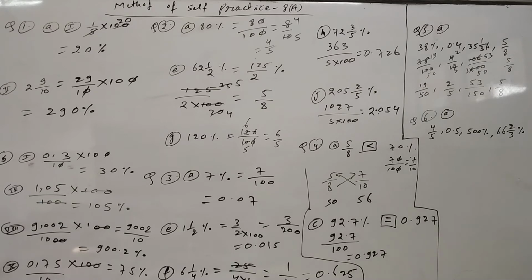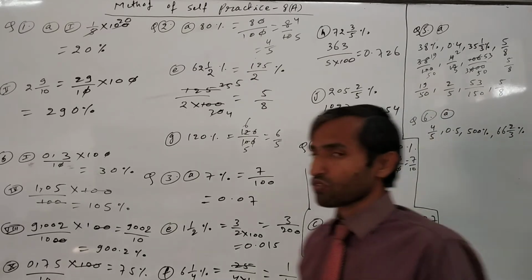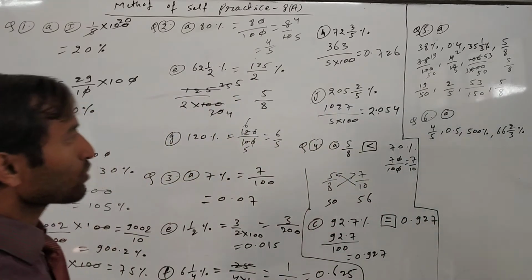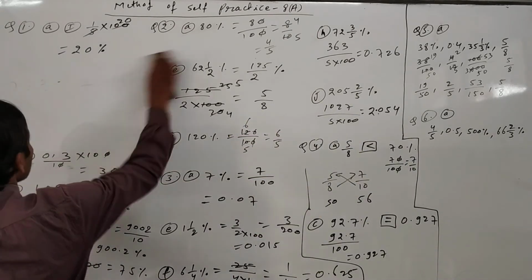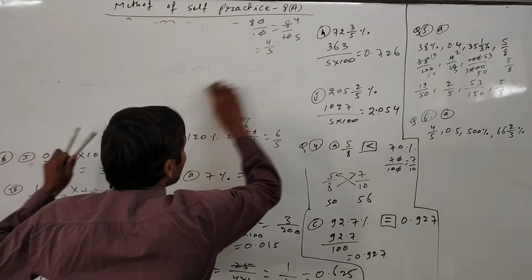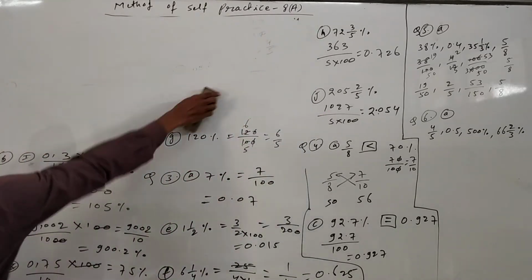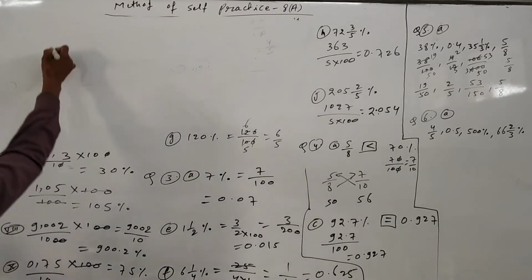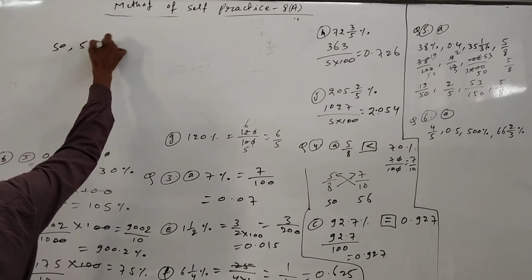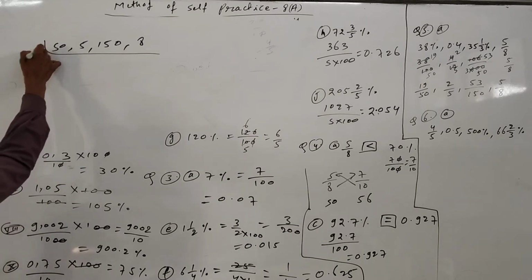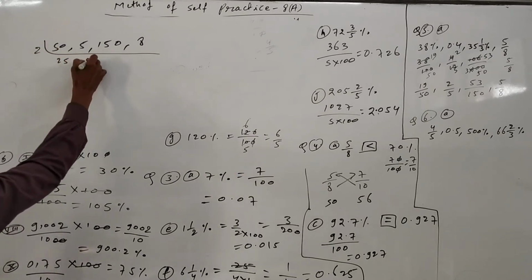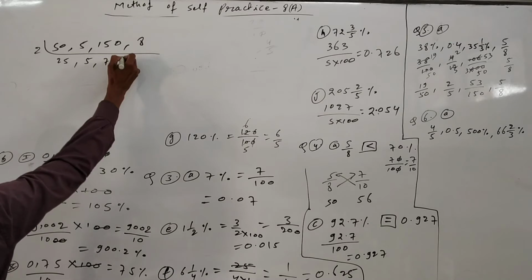So first of all we have to make like fractions, which means we have to make the same denominator. For that we have to take the LCM. So in the question, 50 is given, 5 is given, 150 is given, and 8 is given. So we have to find the LCM. For that we divide by 2: 25, 5, 75, and 4.